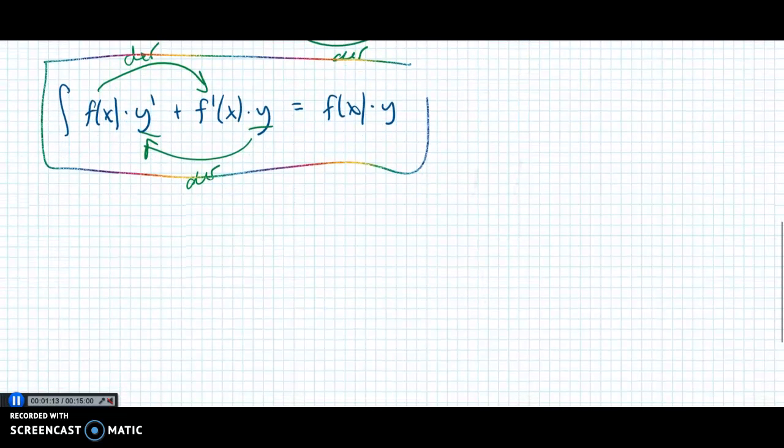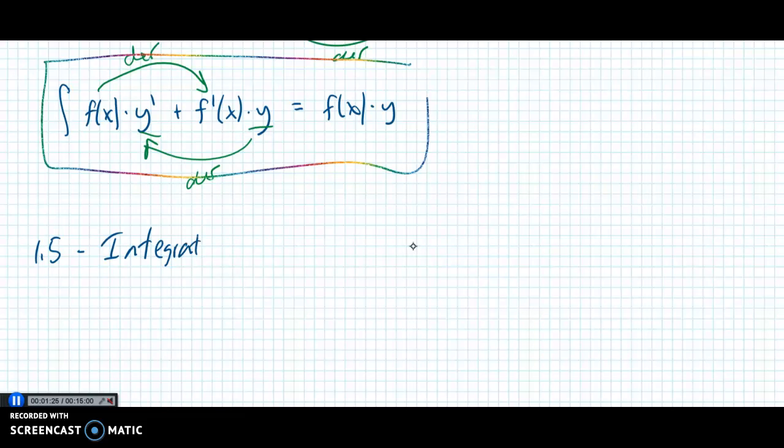So this is, like I said up top, the integrating factor. I'll sometimes just refer to it as mu.